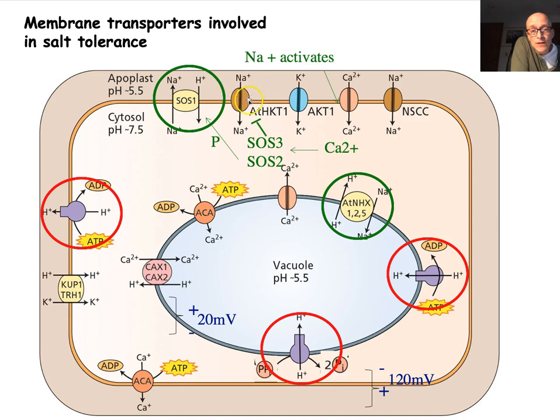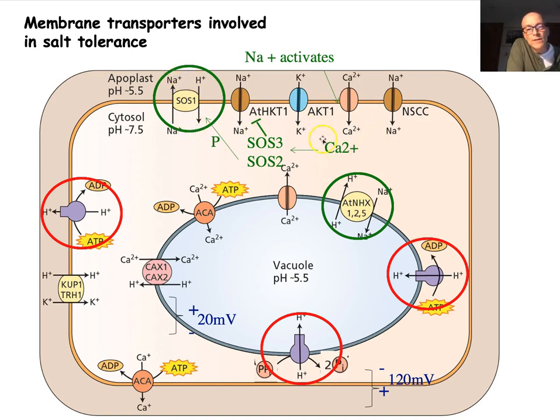So let's make sure that all of these transporters are shut, and that's what SOS3 does. And SOS2 is a kinase, and it uses phosphate in order to phosphorylate SOS1, which activates SOS1, which then starts pumping like mad all the sodium outside of the cell through the cytosol.